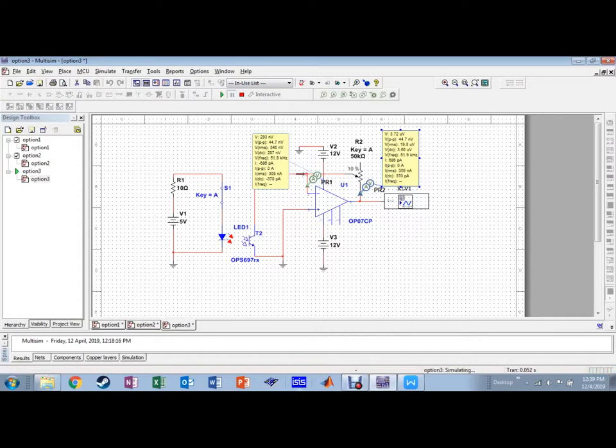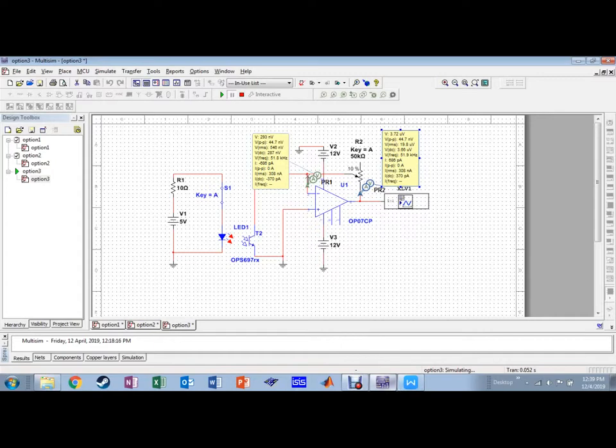Okay, at point D, the voltage for 50k ohm is 293 nanovolt. Meanwhile, the current is negative 686 picoampere. At point F, 3.72 microvolt and 686 picoampere.